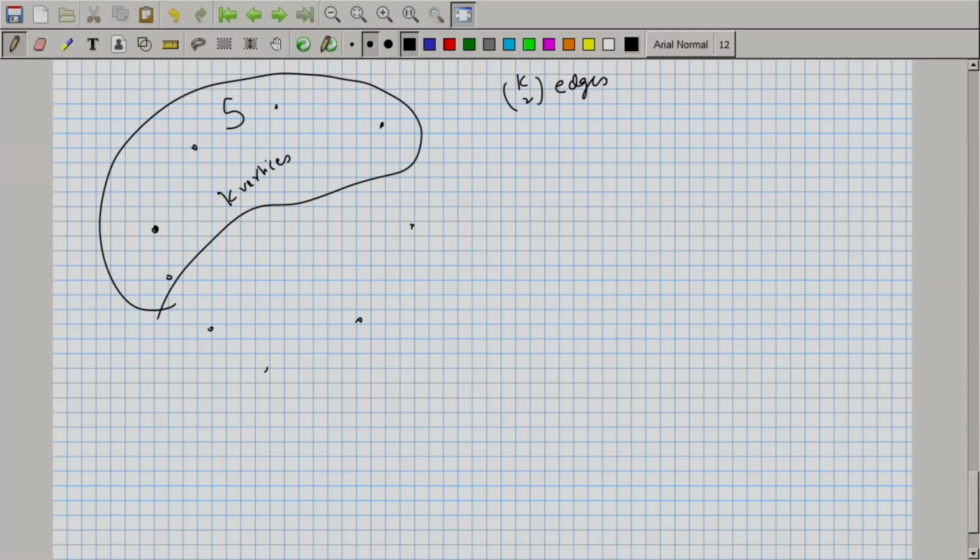Let us compute the probability of that. Each edge is being colored independently of the other edges. So, if one of them is a red edge, all the others have to be colored in the same color if this has to be a monochromatic clique of size k in color red.